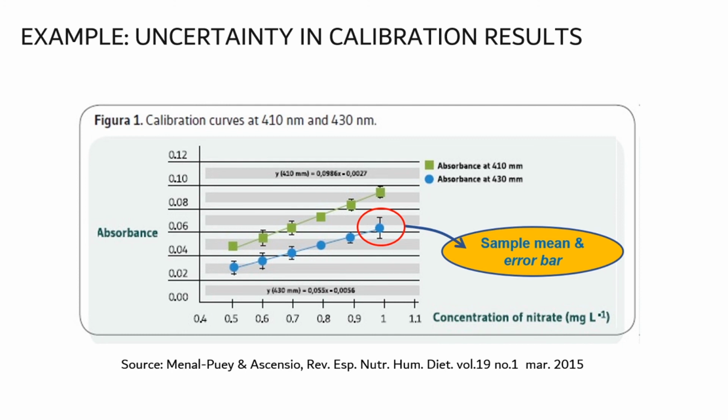The measured data is expressed as the mean of the repeated absorbance measurements for each analyte concentration, and the range of absorbance uncertainty, which is described as an error.